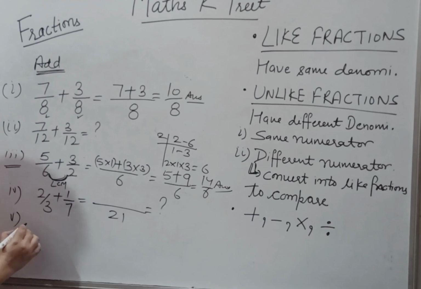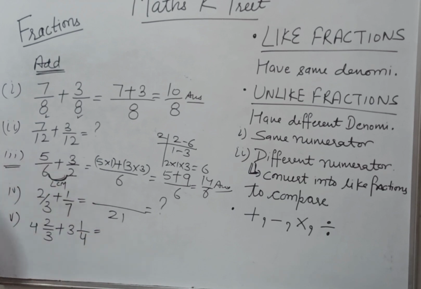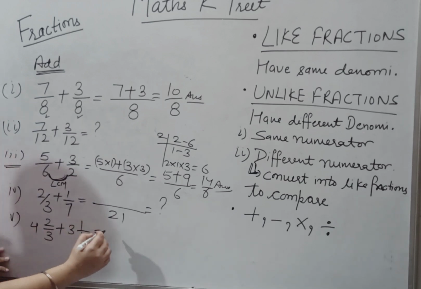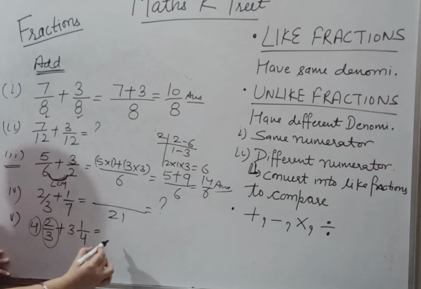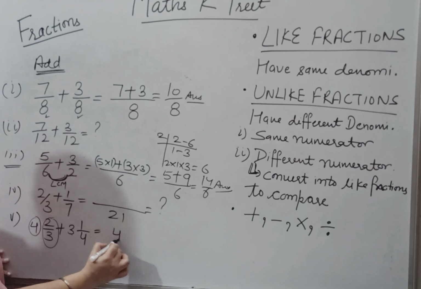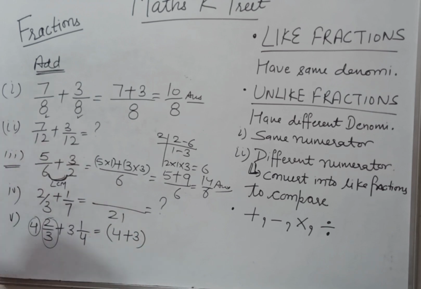The fifth one is when we have mixed fractions. In the last video I have given so many examples and the concept of the mixed fraction. You can check from there. So simply what we will do: this is a whole part, this is a fraction part, this is a whole, this is a part. So this is a mixed fraction. We will just add the whole parts from both the fractions.